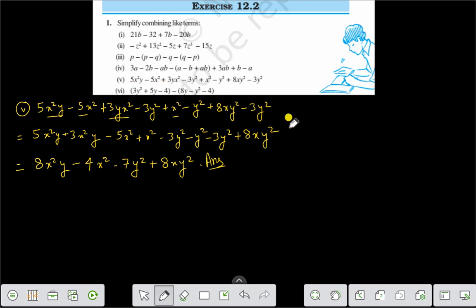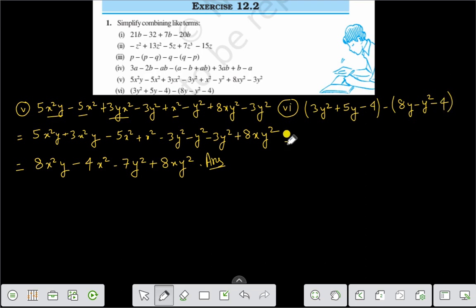Now question number 6. Question number 6 is 3y square plus 5y minus 4, minus, in bracket, 8y minus y square minus 4.